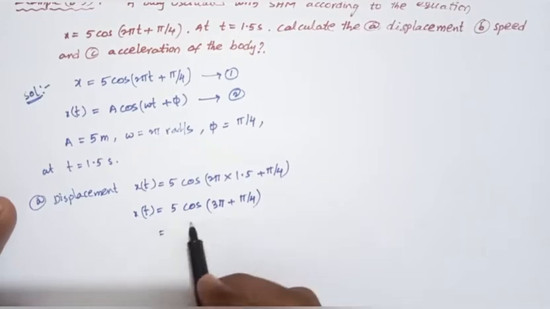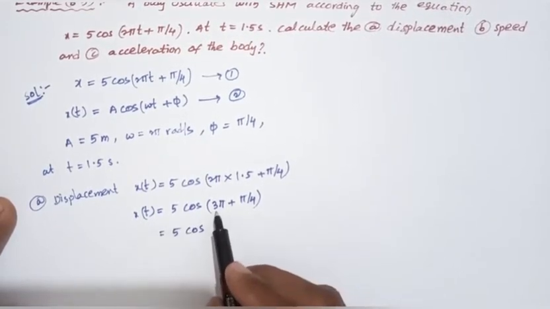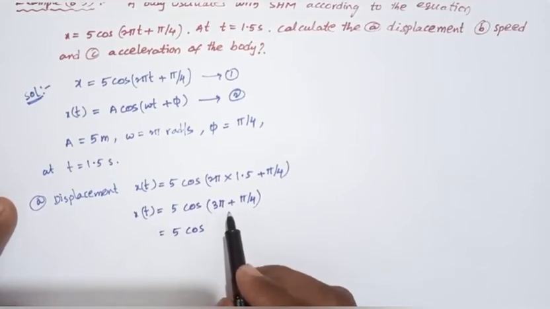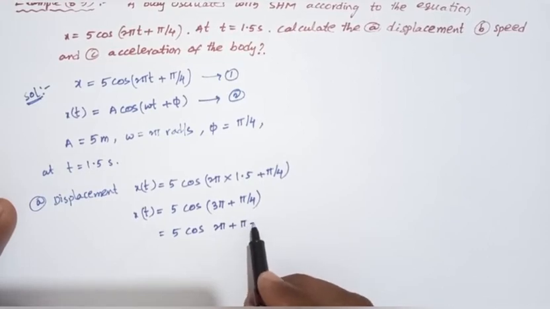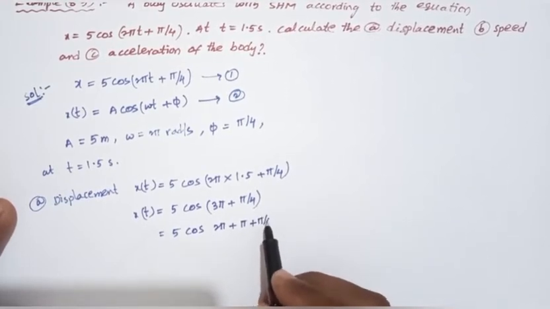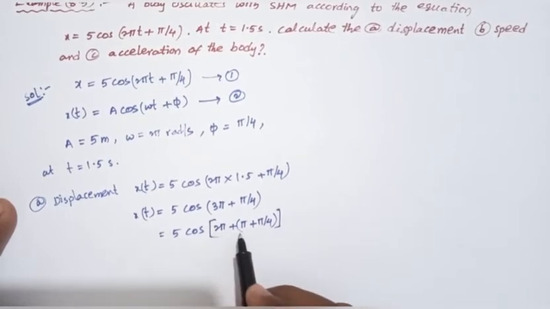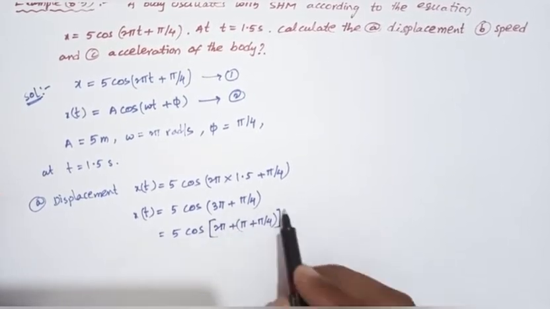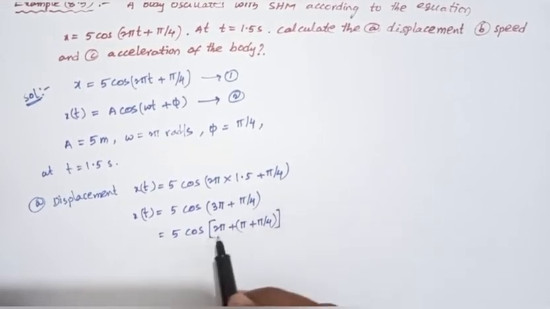So that is also written as 5 cos(2π + π + π/4). So this is 2π plus π/4. Cos(2π + something) equals cos(something).